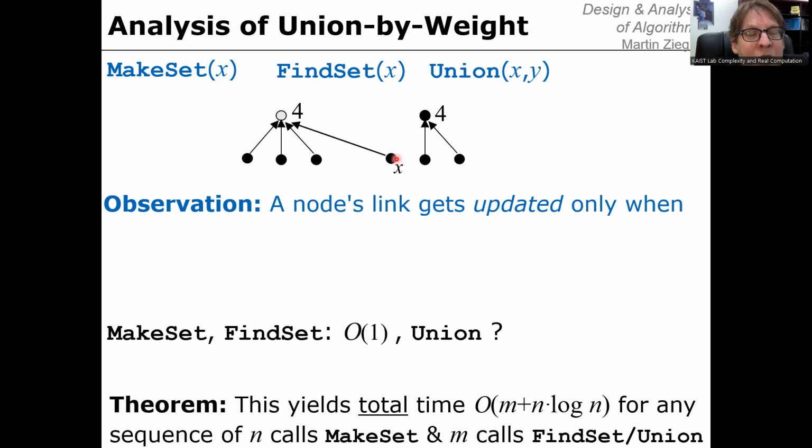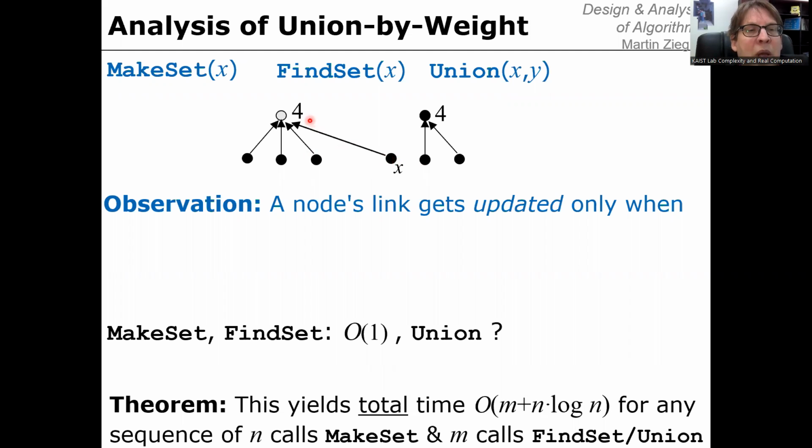When is this pointer getting updated the next time, the second time? Well, it gets updated a second time only when union is called with this set and another set of at least the same size. When union is called with any element in this set together with a smaller set, then this pointer is not affected, only the pointers of the smaller set get affected.